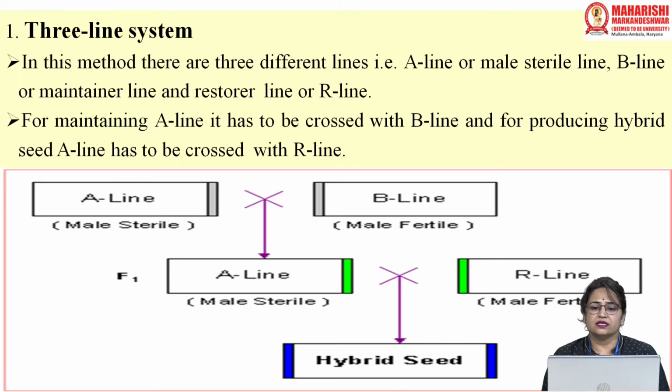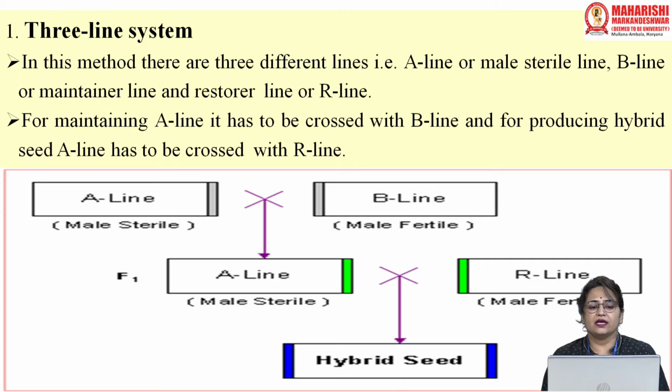Second, B line is the male fertile line because here the male is functional. B line is the male fertile line, A line is your female line. Then R line is the restorer line, which has the fertility genes to restore fertility.